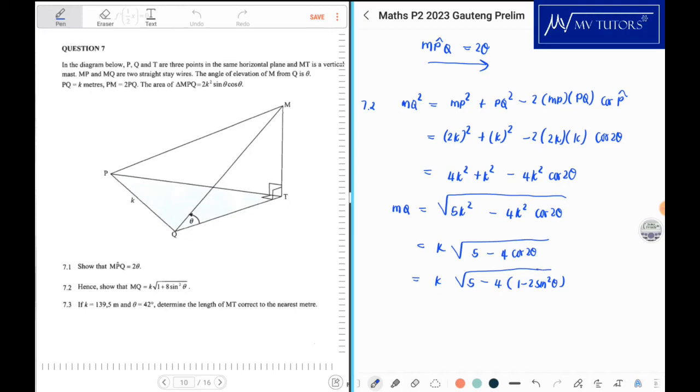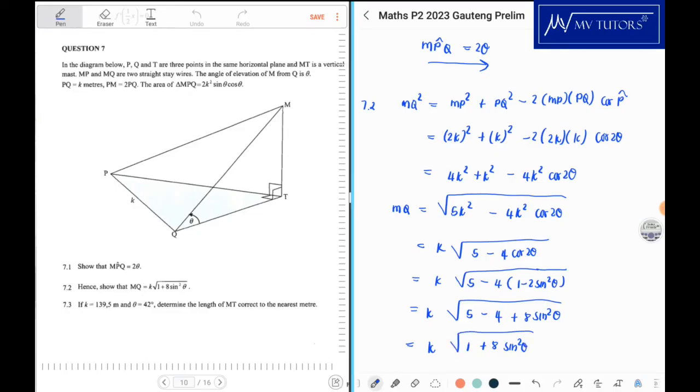Okay, I think this will work better. Now let's continue. I have 5 minus 4 plus 8. Okay, now things are starting to happen. Now I'm starting to look hopeful again. So 5 minus 4, that is 1, plus 8 sine squared theta.